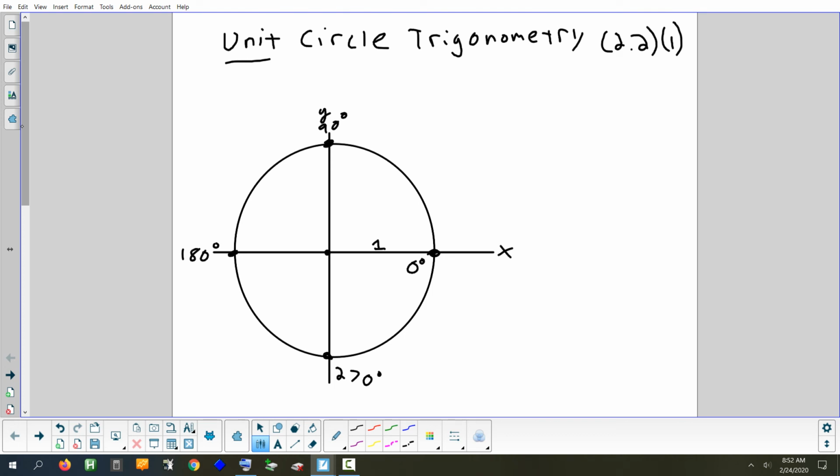Now, notice here, it's not just any circle. This is called a unit circle. I have it labeled up on the board, and we did talk about it last week. But does anybody remember what makes something a unit circle? It has to do with the size of it.